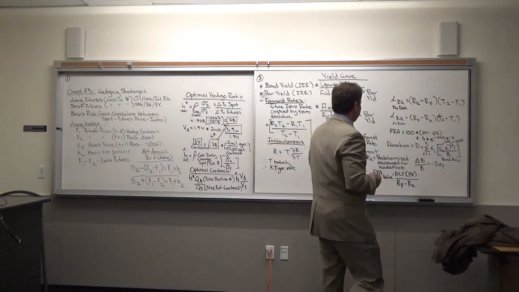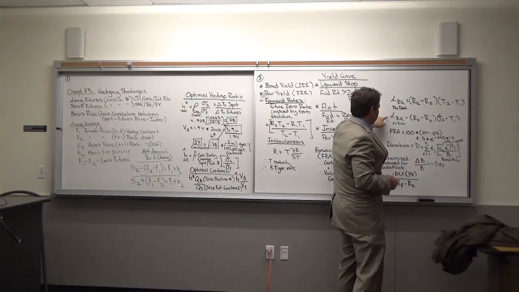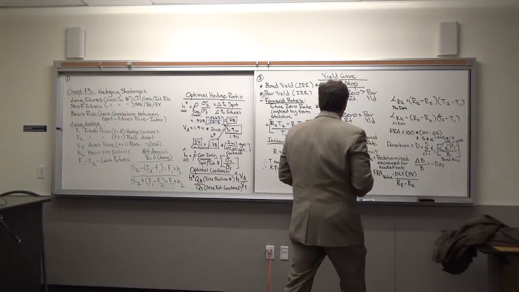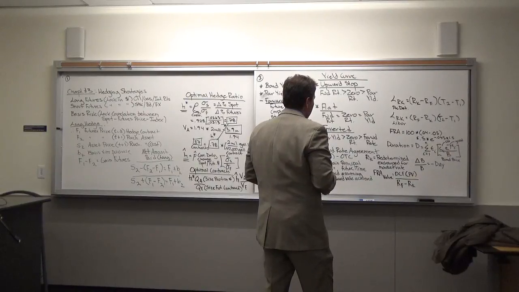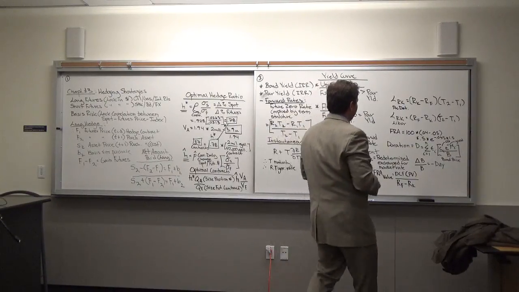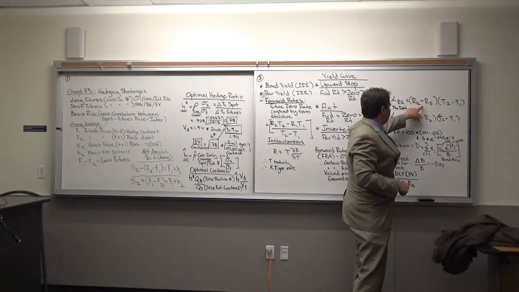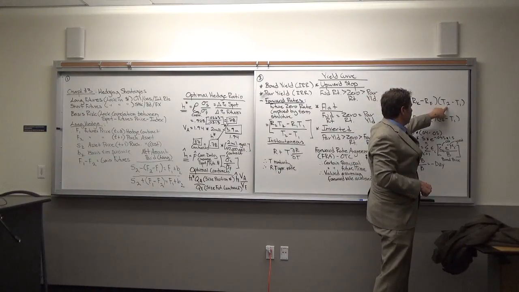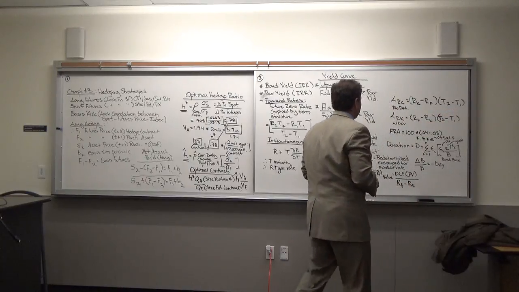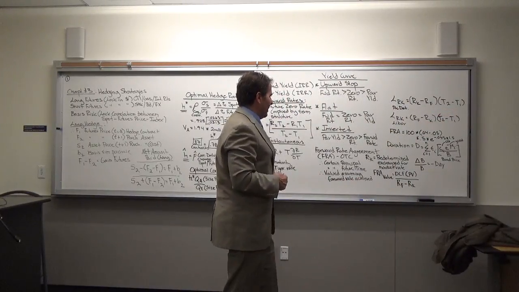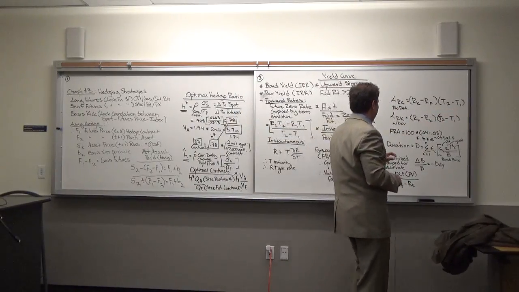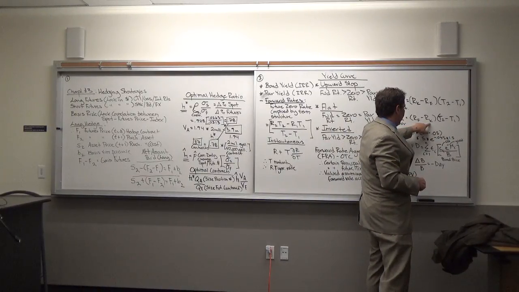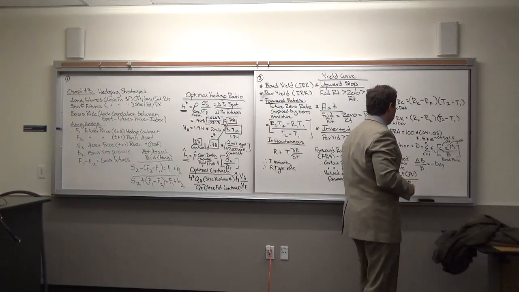So you could have predetermined or LIBOR. So the RK, predetermined, forward rate, T2 minus T1. And then LIBOR, you have the forward rate minus the predetermined rate, T2 minus T1.